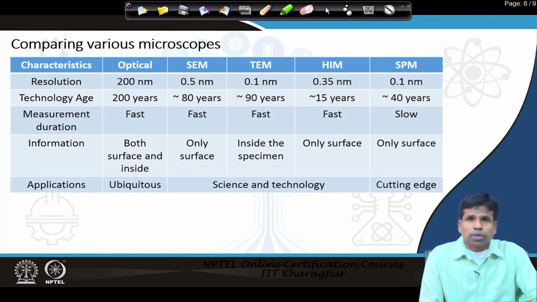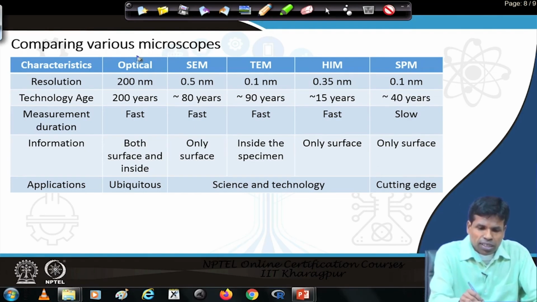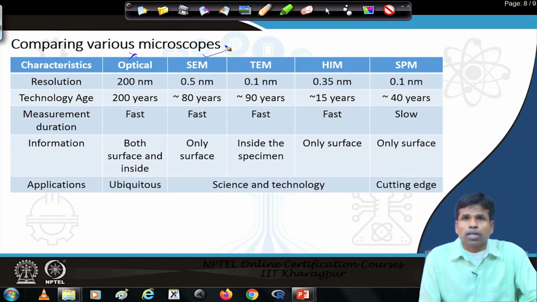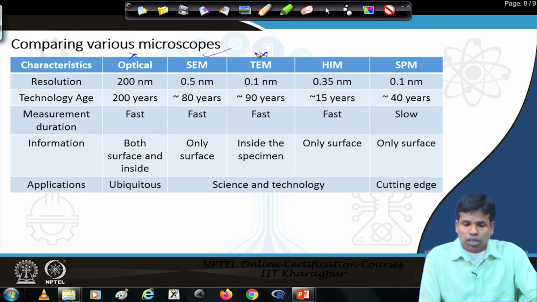Regarding the characteristics of various microscopes, among them we have certainly not discussed the optical microscope, but we have discussed SEM, the scanning electron microscope, which has a resolution in the range of 0.5 nanometer. On the other hand, TEM, which we have not discussed in this course, the transmission electron microscope, has a resolution of 0.1 nanometer.